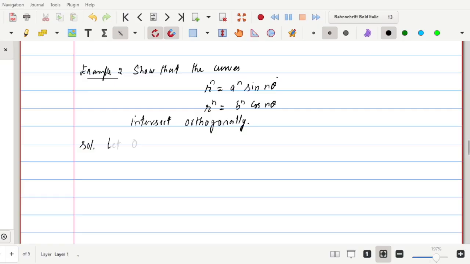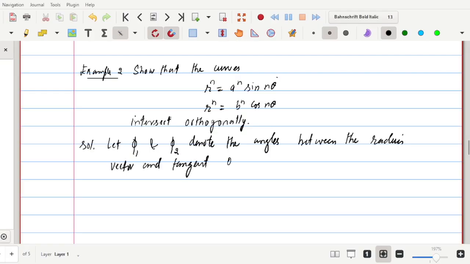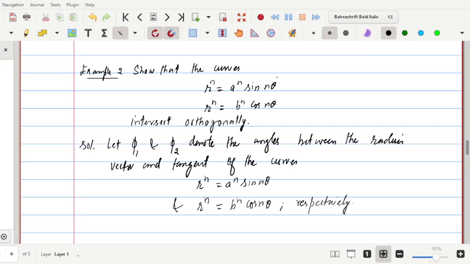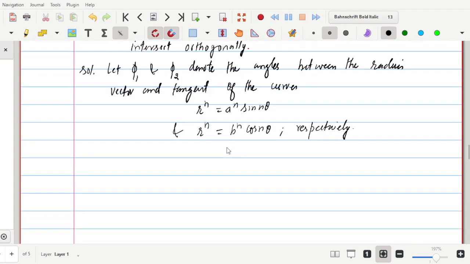So let phi 1 and phi 2 denote the angles between the radius vector and tangent of the curves r^n = a^n sin n theta and r^n = b^n cos n theta respectively. So we are taking phi 1 to be the angle between the radius vector and tangent vector of the first curve, and phi 2 is the angle between the radius vector and tangent vector of the second. Now first let's evaluate phi 1.